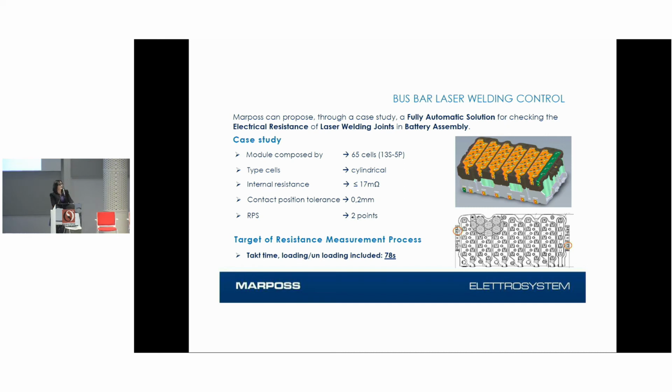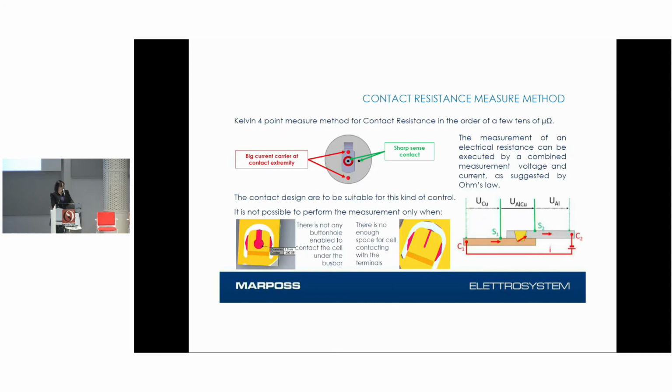So it's very important to be faster when you have to control something, not only when you have to weld it or process it with the laser technology. For this case, we have 78 seconds to perform the whole cycle with loading and unloading operations.